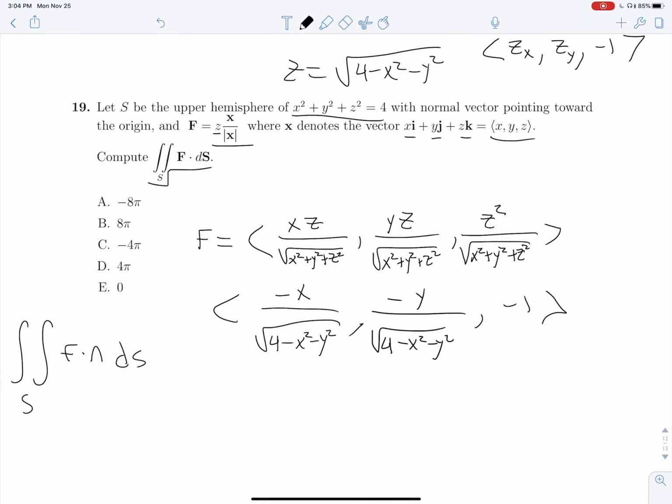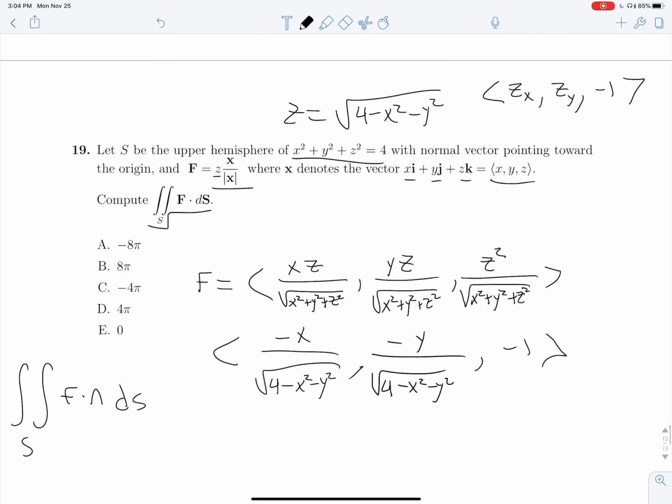And when we take this dot product, we'll notice that we still have z's left over in our F. We have a z, and a z squared. So we actually do want to get rid of those. And we know that z is equal to root 4 minus x squared minus y squared. So we can substitute that in. Root 4 minus x squared minus y squared.